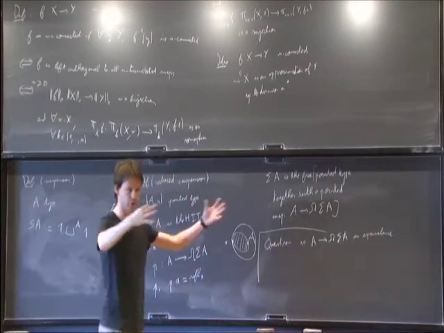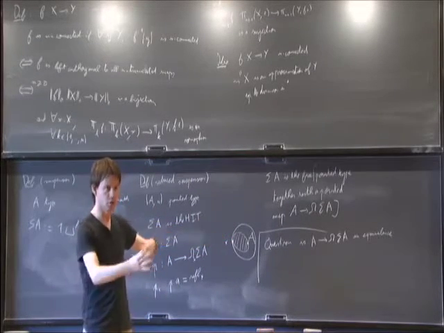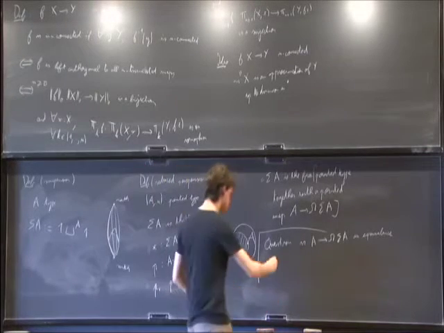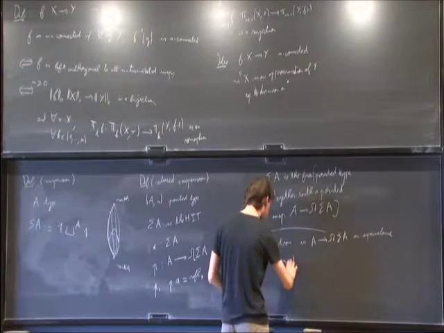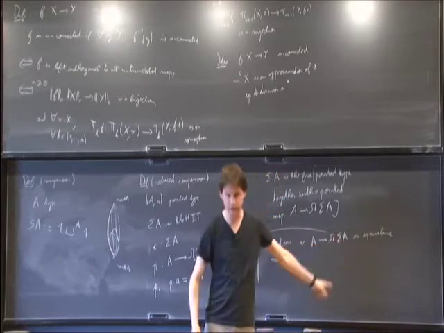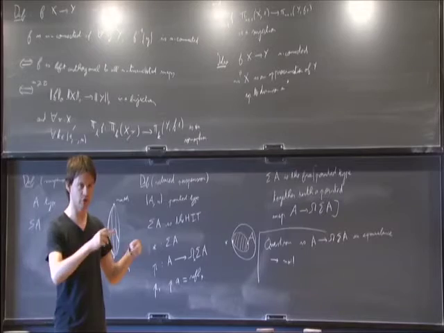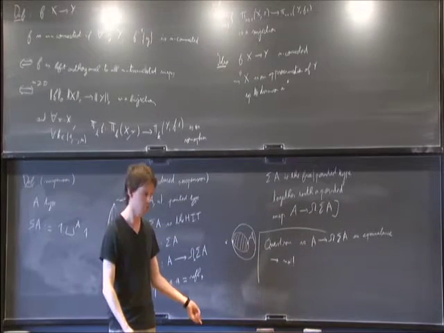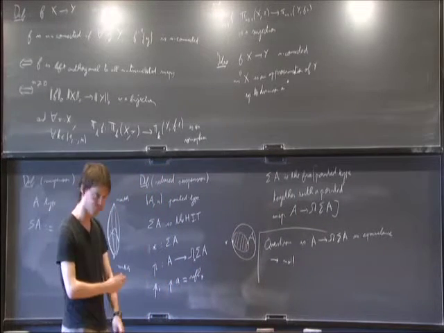Because we take A, we increase the dimension with the suspension, then we decrease the dimension by the loop space. We have something which looks like A, but maybe not exactly. So in general, it's not the case. One simple argument is that the loop space of the suspension has more structure. It's an H-space, because you have an operation of composition of paths. And in A, in general, it's not the case. So this map cannot be an equivalence in general.